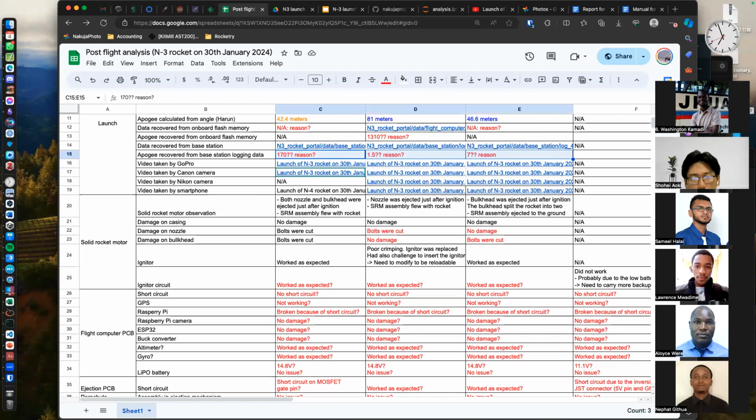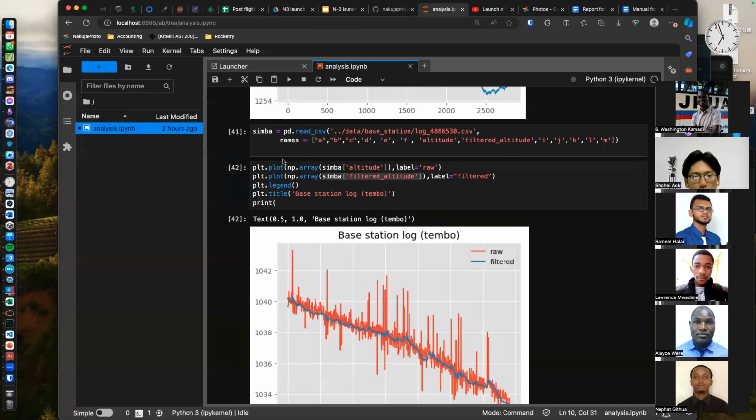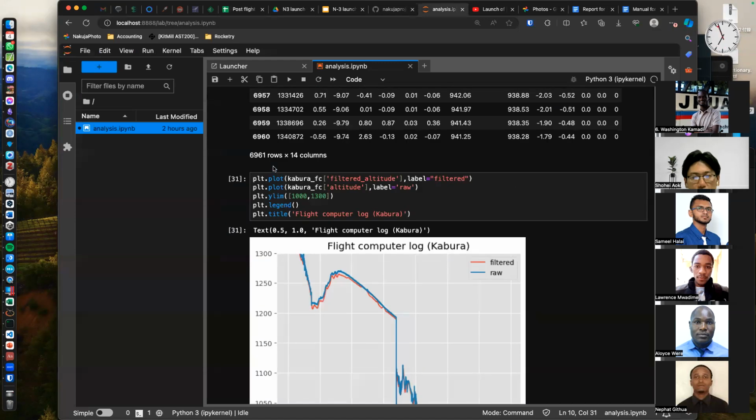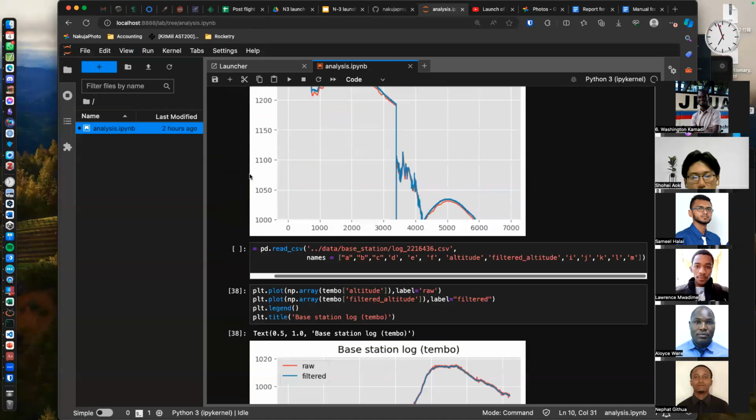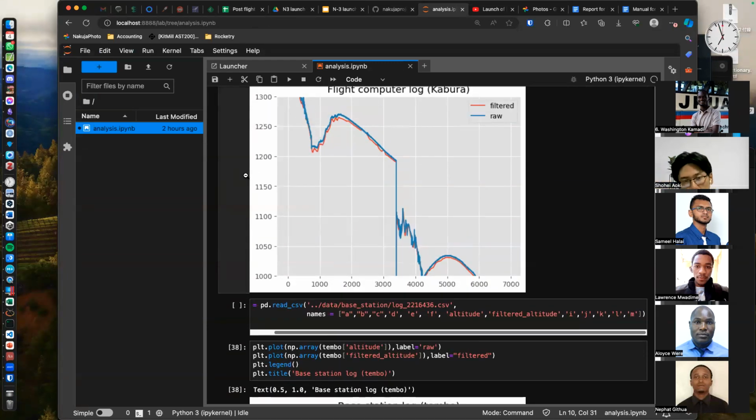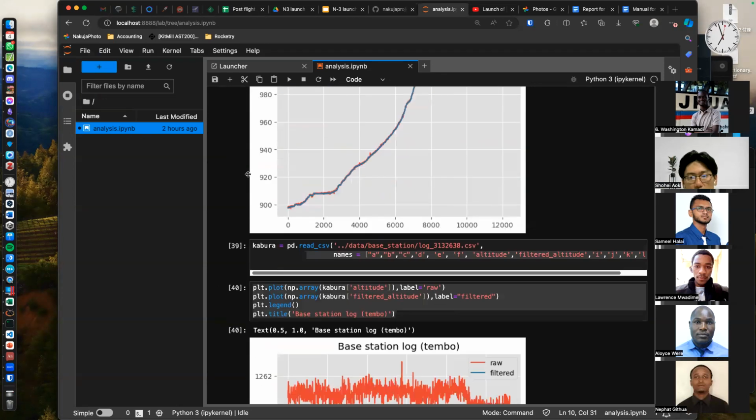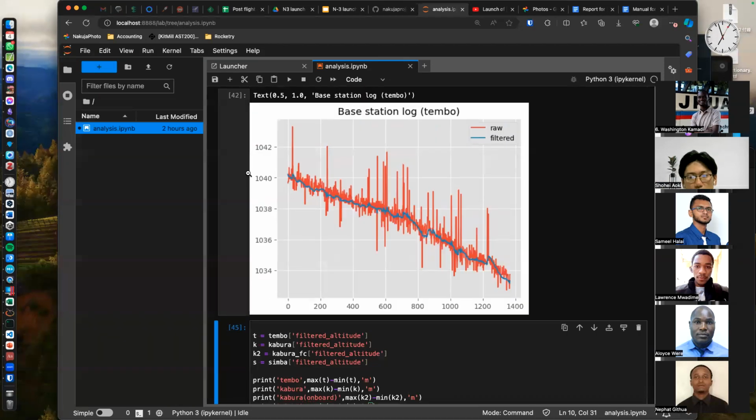And what I don't know is why the apogee recovered from the flight computer was not accurate enough. So I'm still analyzing it. I think I'm going to discuss with the recovery team again about why this has happened.